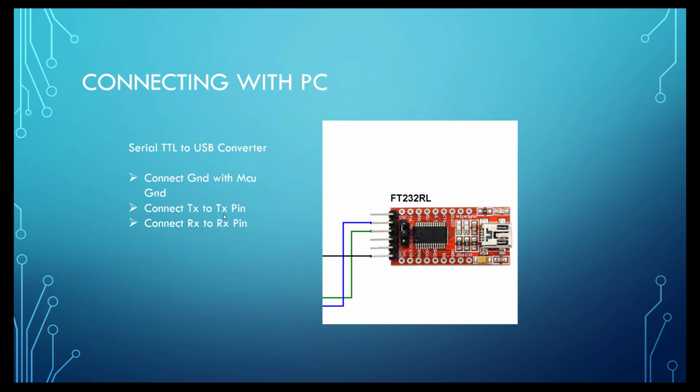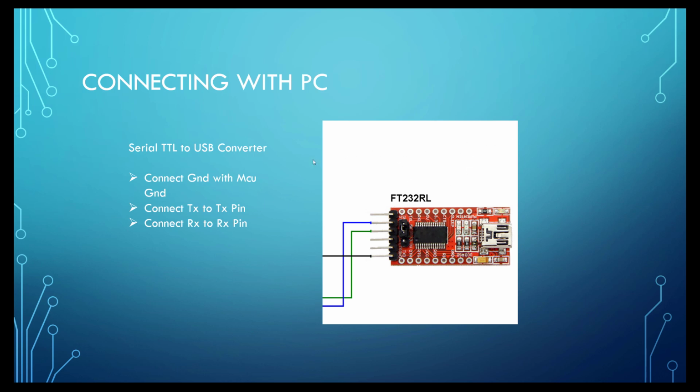So in order to connect our UART with the PC, we have to use some converter which can convert our TTL logic. So we will use a serial TTL to USB converter, and this would take our TX and RX pin and the ground pin from the microcontroller, and it's going to transmit this data over the USB, and the USB is connected with the PC.